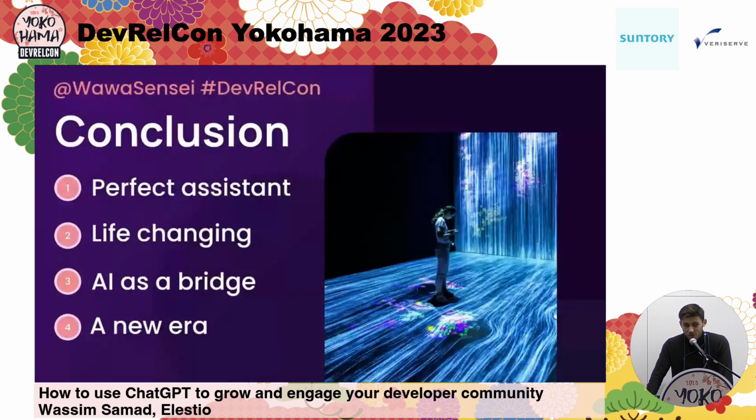So it's life changing, because if you can focus more on your strategy, it's way better than spending time or budget on content writing or different tasks. And I don't see it as opposition to humans. I see it as a bridge between humans, the community, and the DevRel teams. So I'm quite optimistic about it.